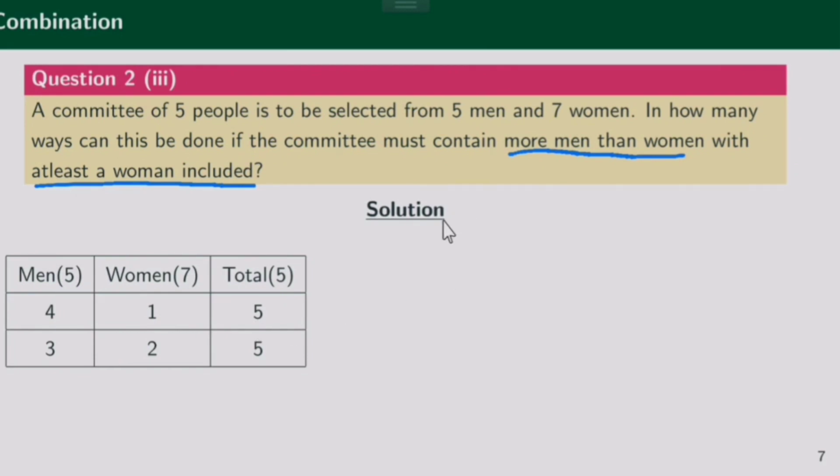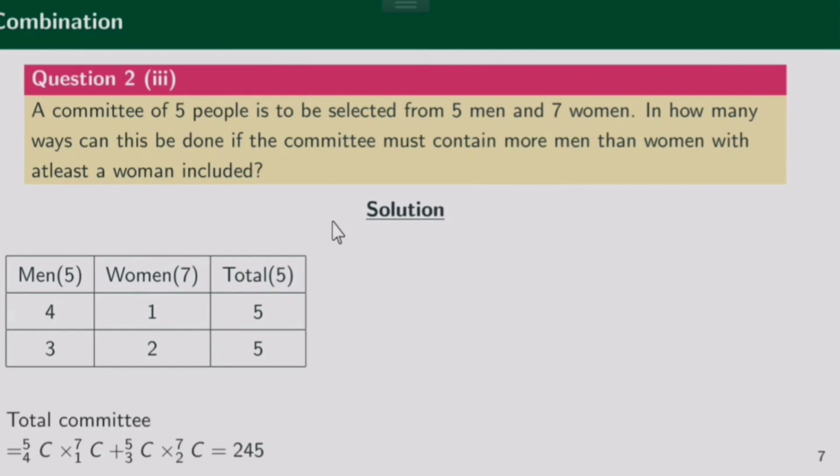Now, how then do I use these conditions to arrive at my answer? Total committee will be 5 combination 4 times 7 combination 1. I add 5 combination 3 times 7 combination 2, which gives me 245.